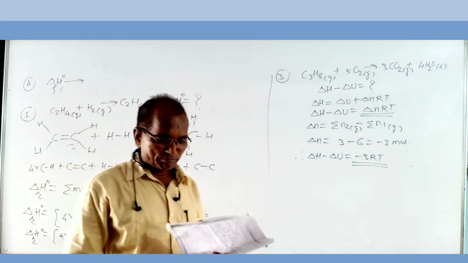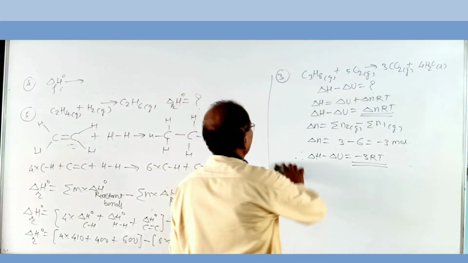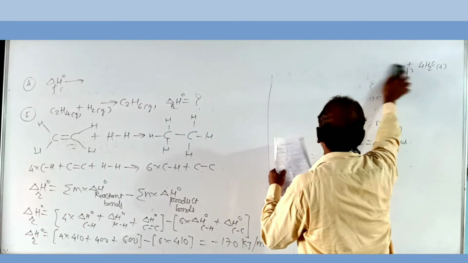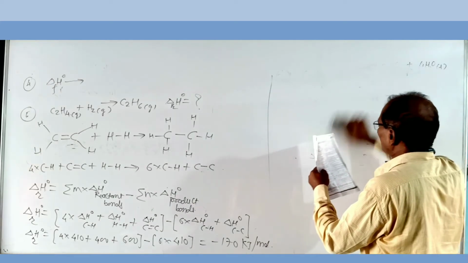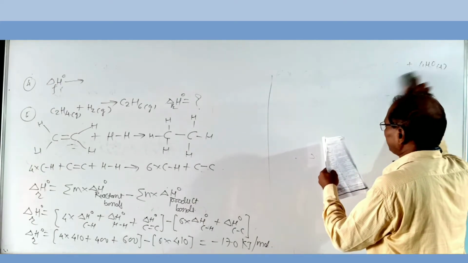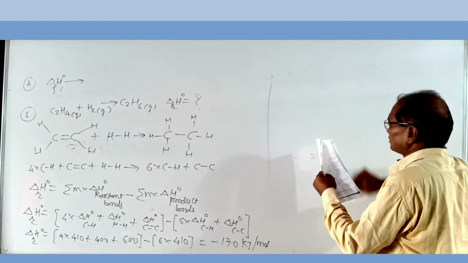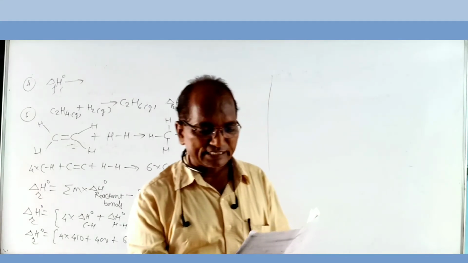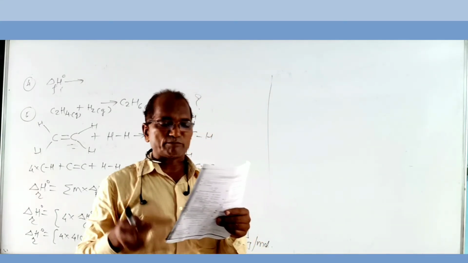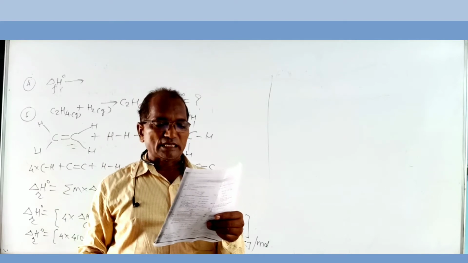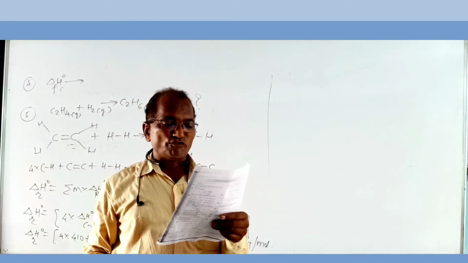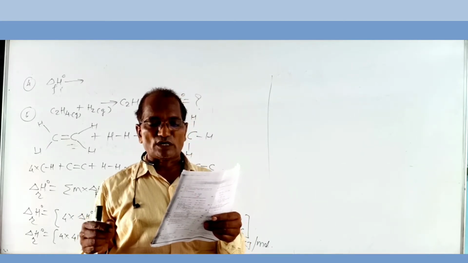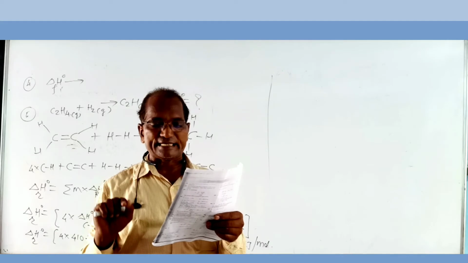Then MCQ number 6. In the 6th MCQ, 1 mole of a non-ideal gas undergoes a change of state from 2 atm pressure, 3 liter volume and 95 Kelvin temperature to 4 atm pressure, 5 liter volume and 245 K, with a change in internal energy delta U equal to 30 liter atm.